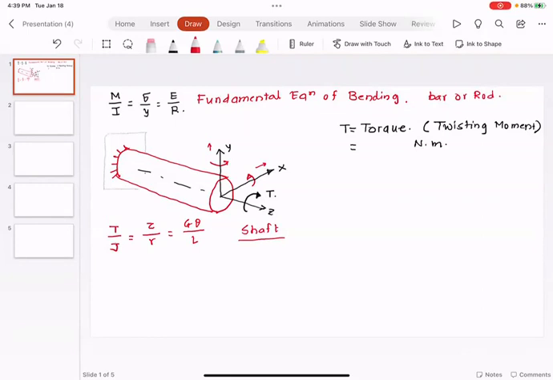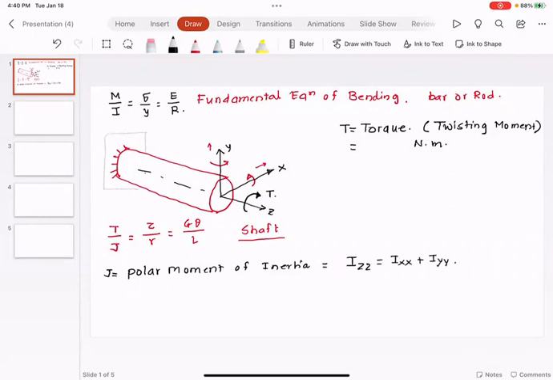Now T is the torque, J is the polar moment of inertia. For the polar moment of inertia, the equation is IZZ is equal to IXX plus IYY.